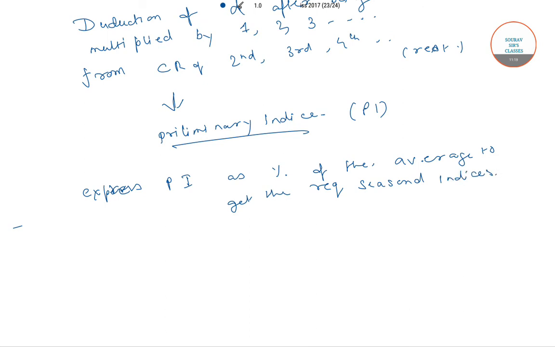So these are the steps with which we compute the seasonal indices with the help of link relatives.